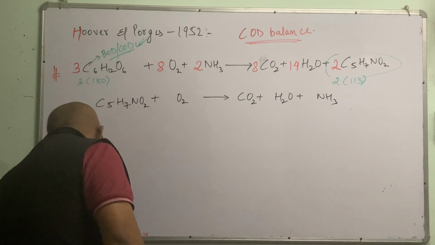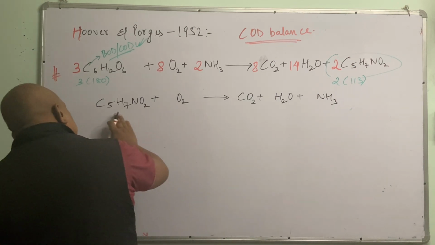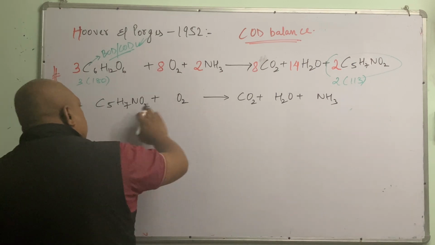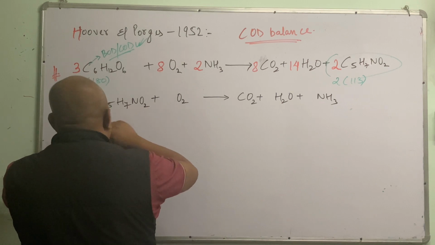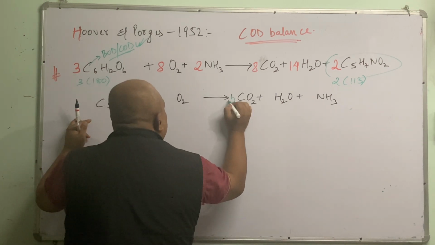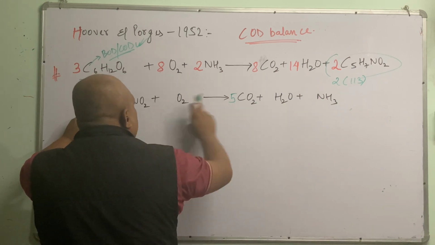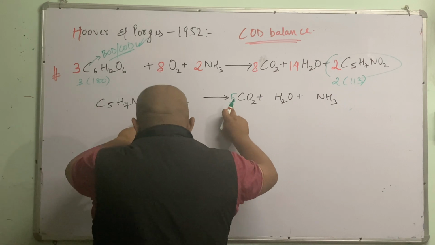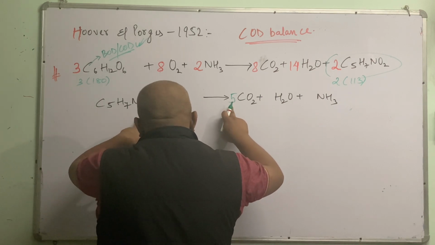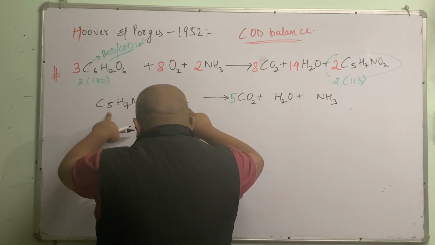So now what we are going to see is, when this biomass is breaking down, 5 carbon is required. What about nitrogen? Nitrogen is 1, nitrogen is 1. So C5, oxygen is 5 oxygen.